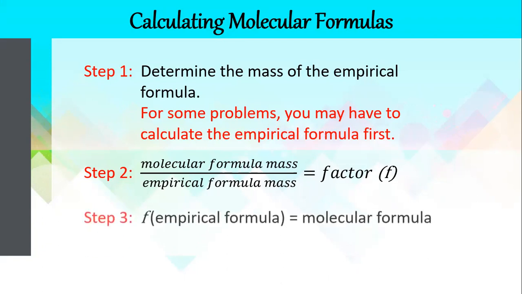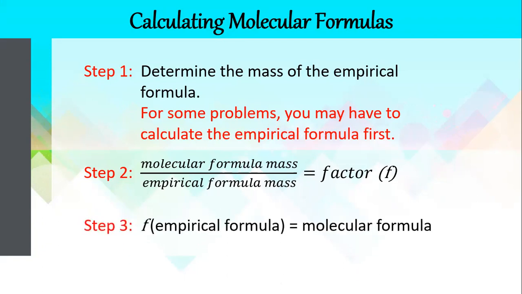And then step 3, you have to multiply the factor F by the subscripts of the empirical formula, and that would be equivalent to your molecular formula. Let's have some examples so you would understand more on how to calculate the molecular formulas.